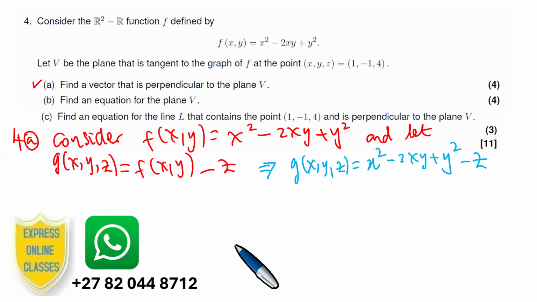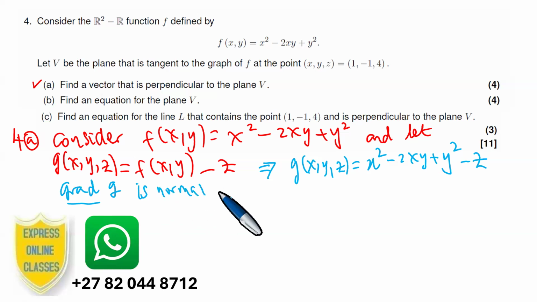Upon careful examination, we are moreover able to note that the gradient of the function g is a vector that is normal to the graph of f.